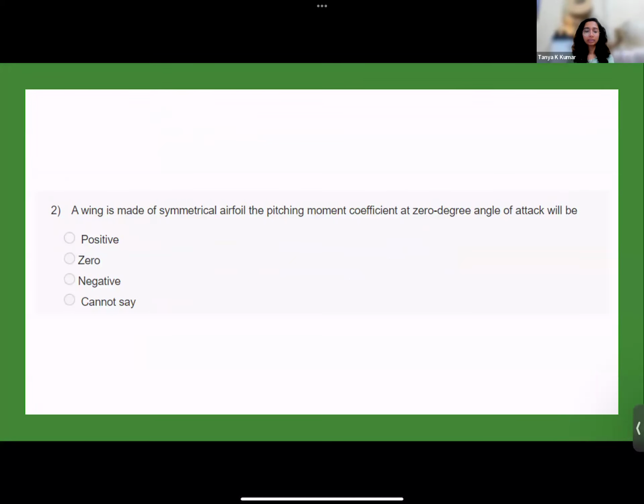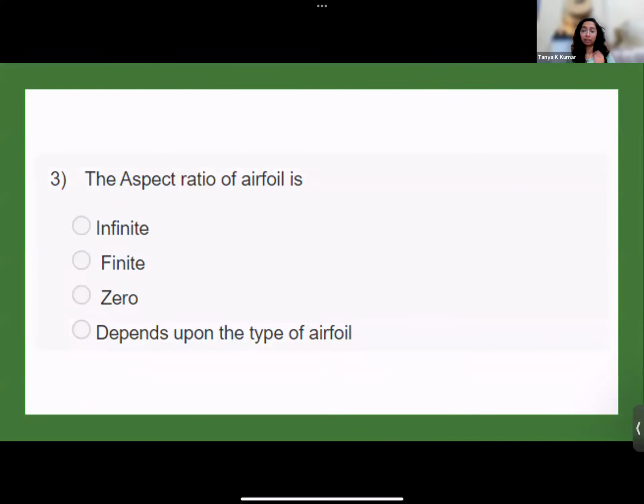Next question. Similar to the previous case, for a symmetrical airfoil, what will it be? The moment at aerodynamic center will be 0, right? For a symmetrical airfoil, CP and AC are at the same point. Next, the aspect ratio of an airfoil is, again, we had discussed this in the last session and in the beginning of this session also.